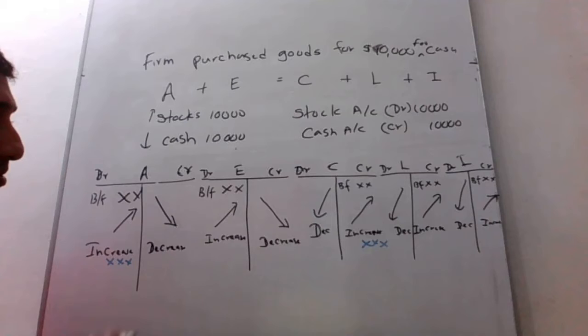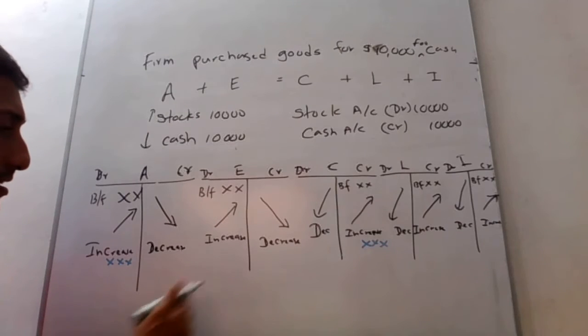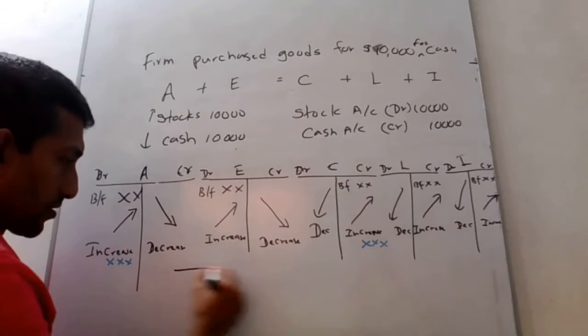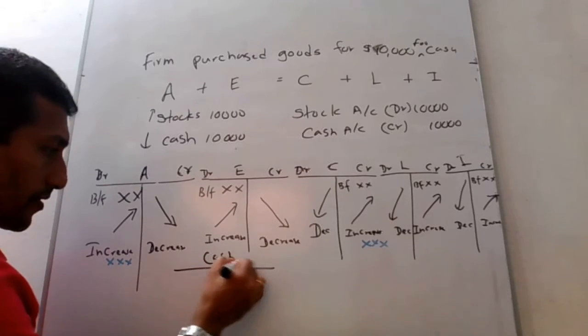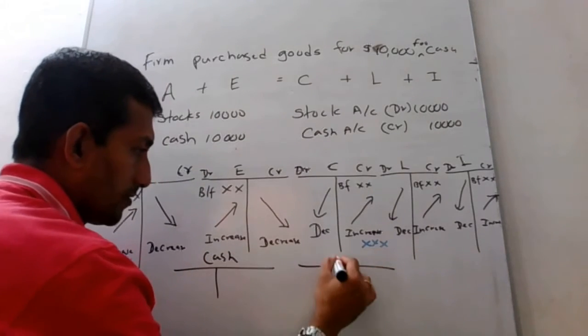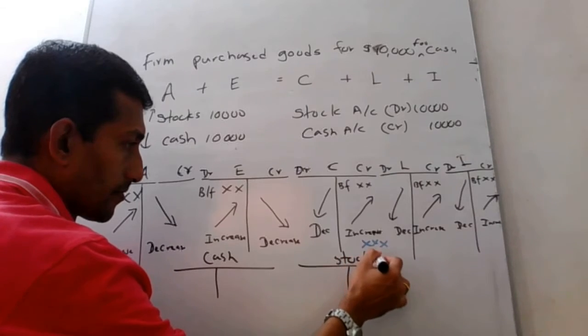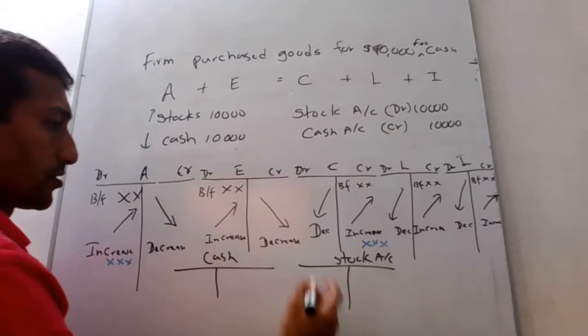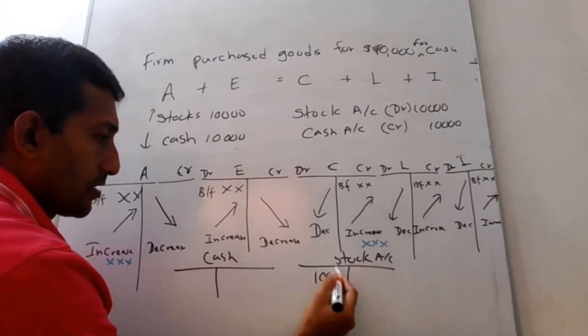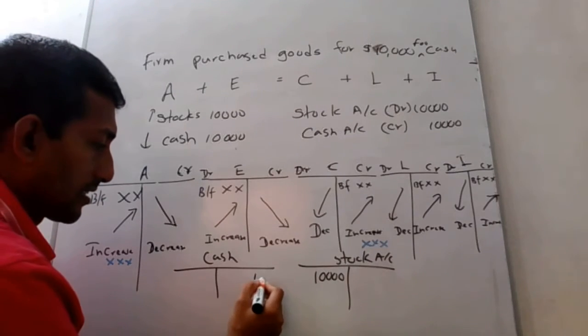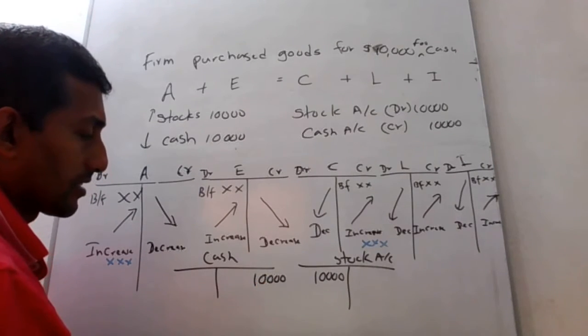So if I show this in the ledger, you have the asset account of cash on one end and we have a stock account on the other end. So if I show you the cash account here and the stock account here, your stock would be debit, so you write 10,000, and your cash is crediting, so you write 10,000 on the credit side.